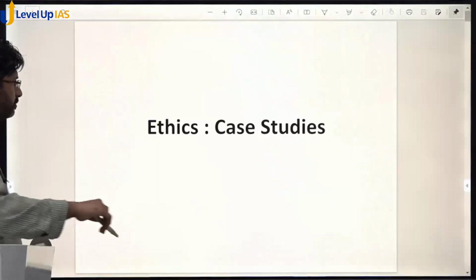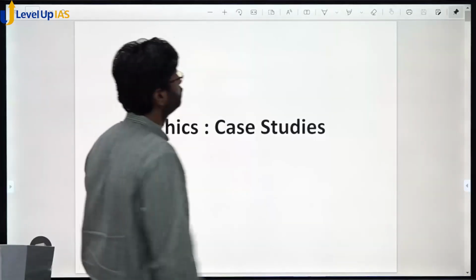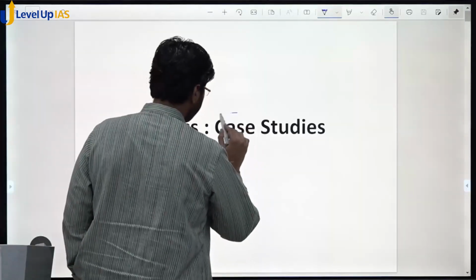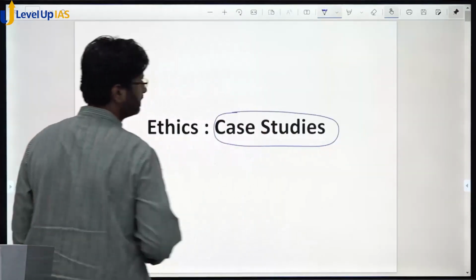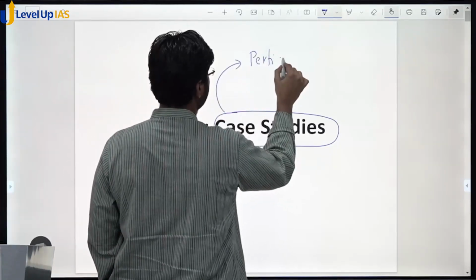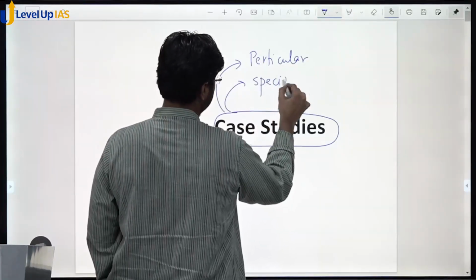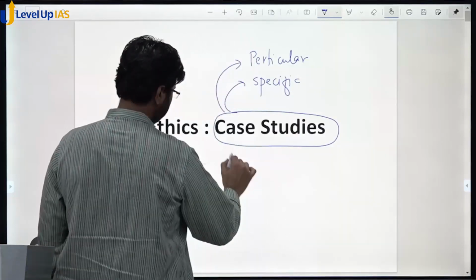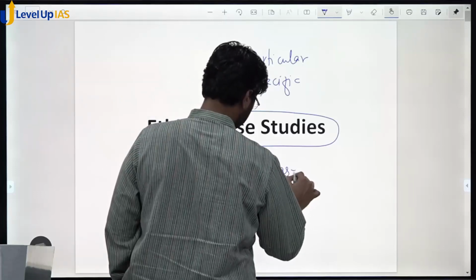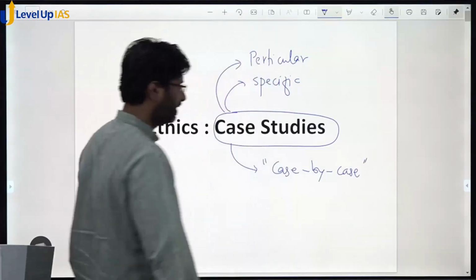Okay, so case studies. Another thing we should be very thorough about is that the basic meaning of the word case study is that it is a particular scenario, it is specific and not general, and the response also, you might have heard the term, is case by case.